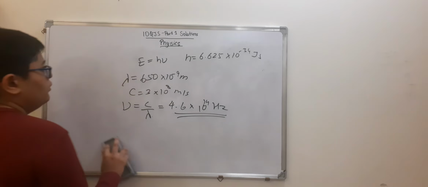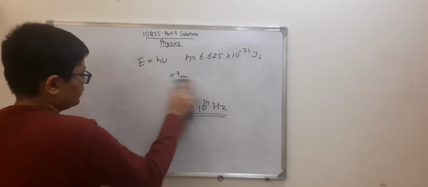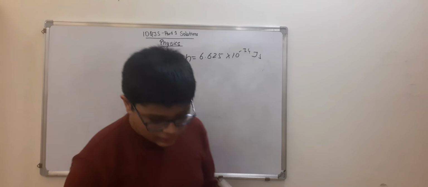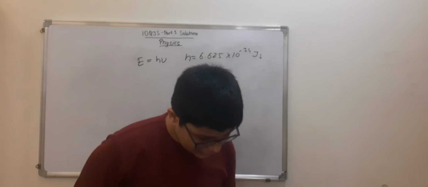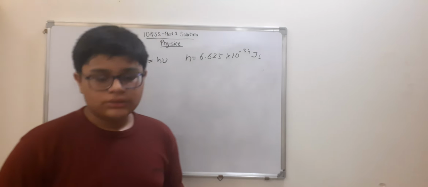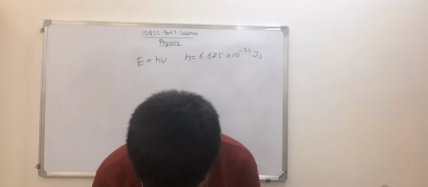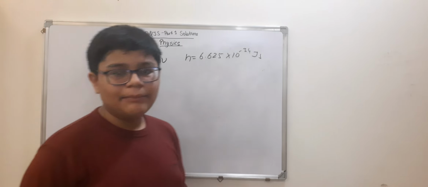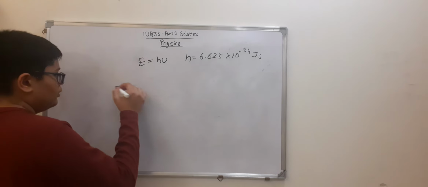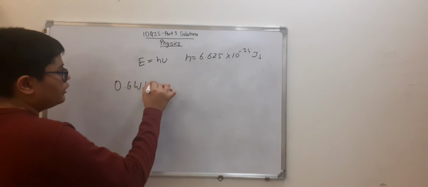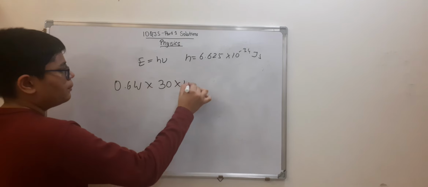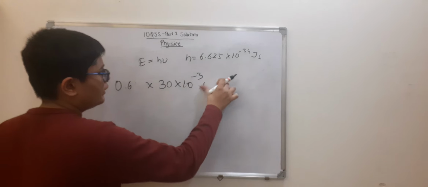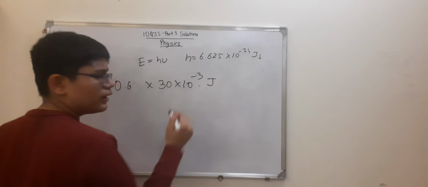Now moving on to the next option, they are asking the energy in each pulse. We are given the power as 0.6 watt, right, and the time is 30 ms. So the pulse energy will be 0.6 watt into 30 into 10 to the power minus 3 seconds. Watt second, you can write as joule, right?